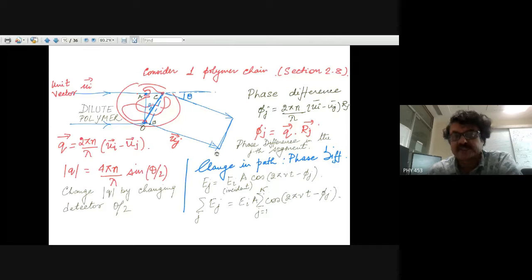You allow the light to interfere, and what you have done is kept the detector at a certain angle theta from the original direction. So the intensity that you will get will be a consequence of the interference of these scattered lights, and that in turn will depend upon the phase difference, which is phi j.